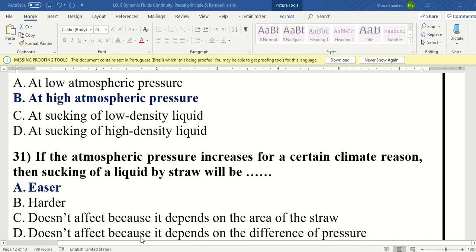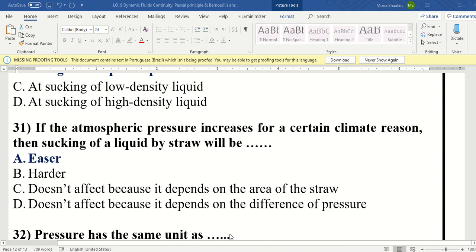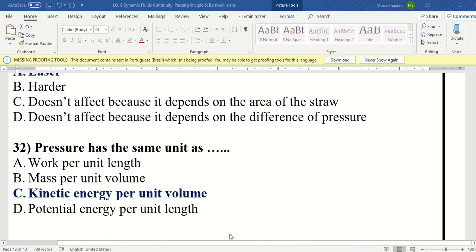If the atmospheric pressure increases, the sucking of a liquid by a straw will be easier, as there is a maximum pressure difference between the inside of the lungs, which creates a region of low pressure, and the outside atmosphere, which is a high region, and so the fluid moves easily.